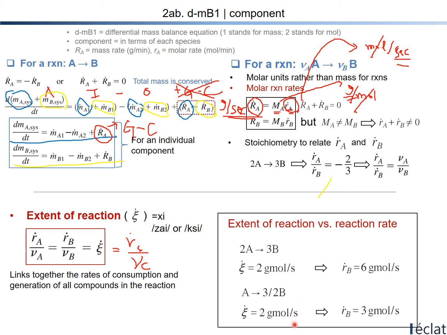Then what is the value of r dot B? 2 times 3 over 2 gives 3. Even though I said those two equations are the same, the reaction rates of component B are different. It means you should fix the stoichiometric coefficients when defining the extent of reaction.